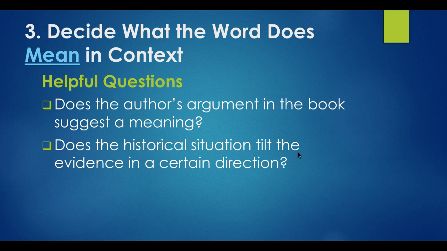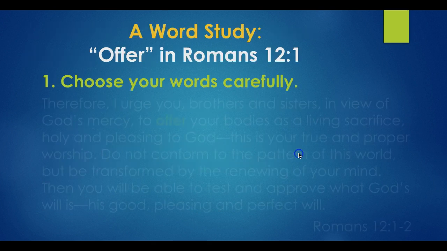If he's writing to the church at Ephesus and they are dealing with the issues of the temple and the idolatry that's going on there, and there's the fertility goddess Diana or Artemis, then when he gets to the section about the lust of the flesh, maybe he's really talking about lust in the sense of what's going on in that prostitution area of the temple. So sometimes the historical background will help you understand the direction as well.